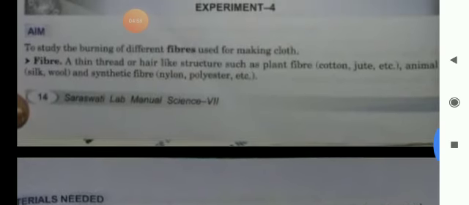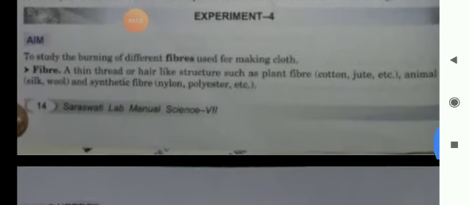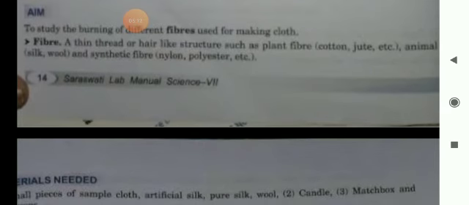A thin thread or hair-like structure made up of a particular fiber, that means a plant fiber, animal fiber, or synthetic fiber. Plant fiber: cotton, jute; animal fiber: silk, wool; and synthetic fiber: nylon, polyester, rayon, etc.